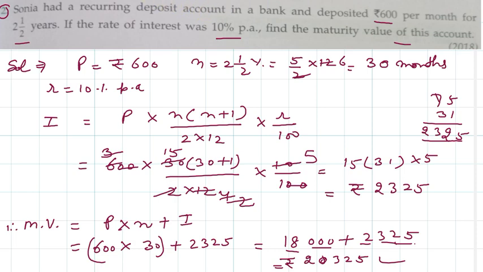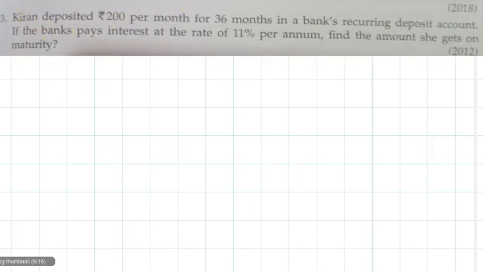So let us move to question number 3. Question number 3 is: Kiran deposited rupees 200 per month for 36 months in a bank's recurring deposit account. If the bank pays interest of 11% per annum, find the amount she gets on maturity.